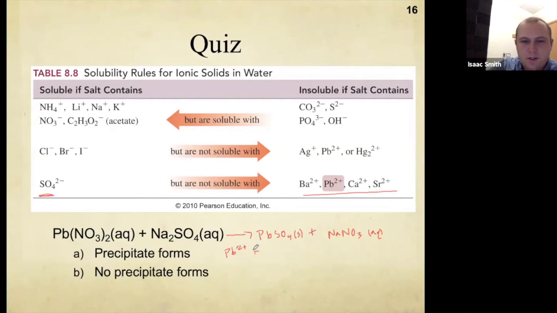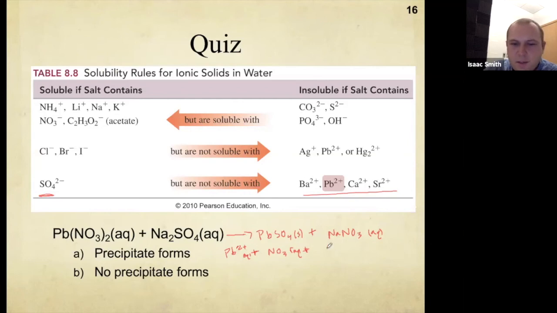And then we're also going to have, and this should have an AQ on it, we're also going to have the nitrate ion.